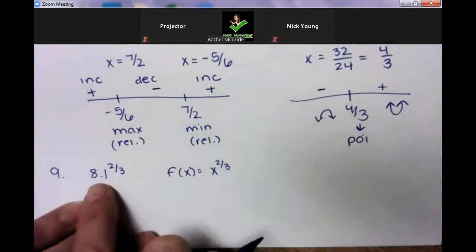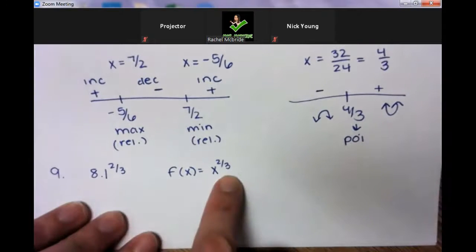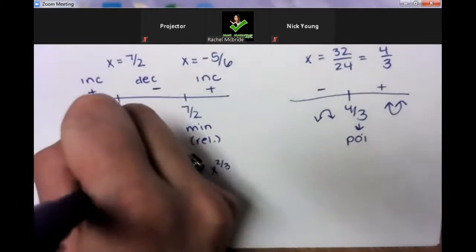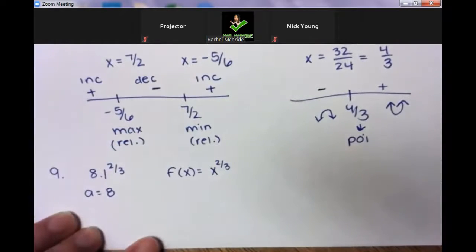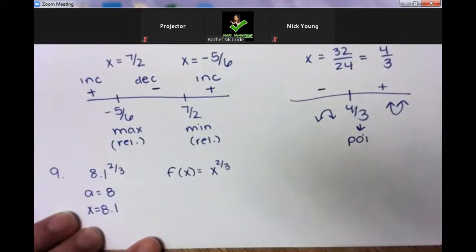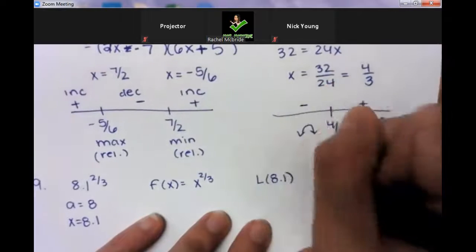If I'm trying to approximate 8.1, the nice cube root below 8.1 is 8. So I'm going to say my a value is 8, which would make my x 8.1.